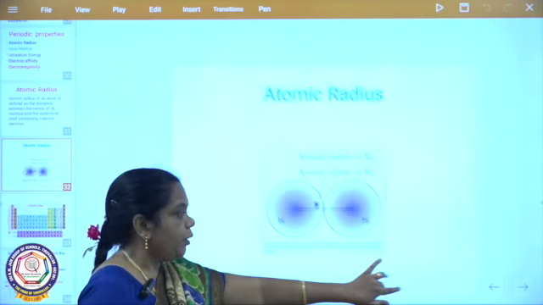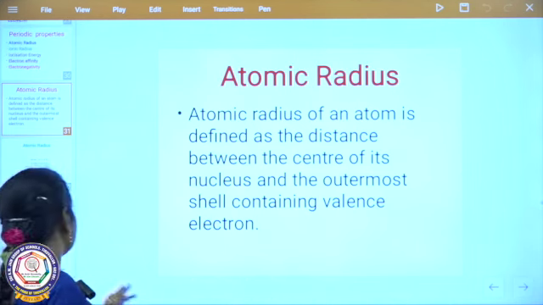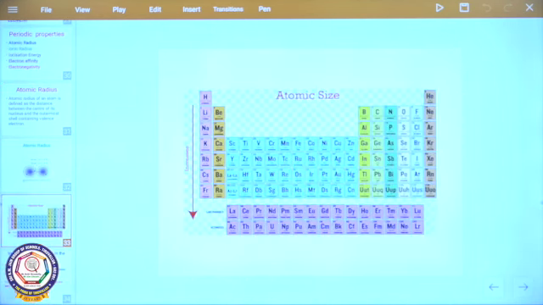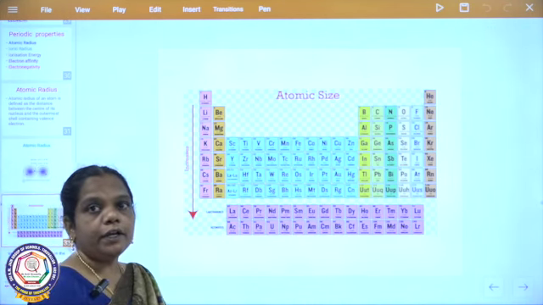And if you compare the atomic radius in the periodic table, there is a variation. Now you already know how the elements are arranged in a periodic table.